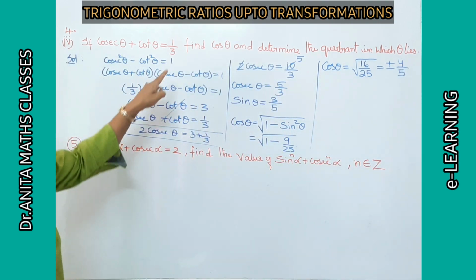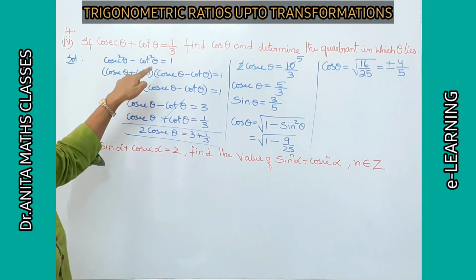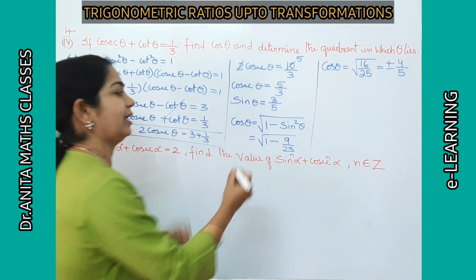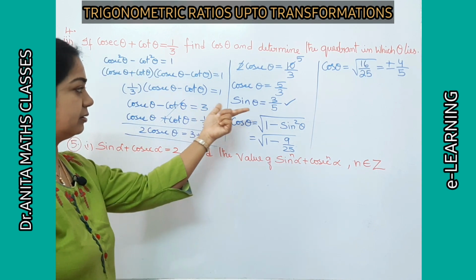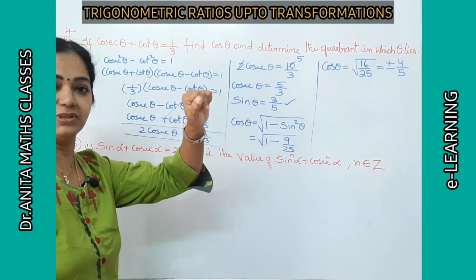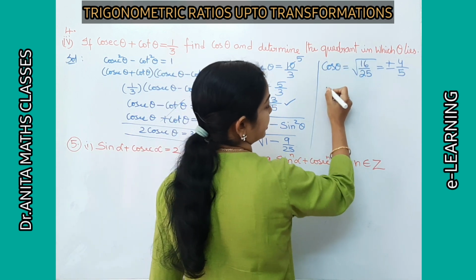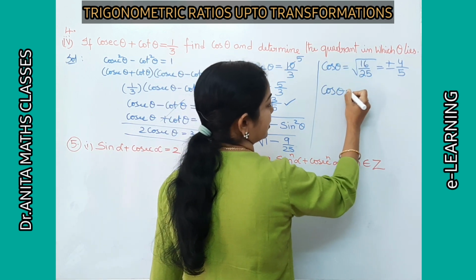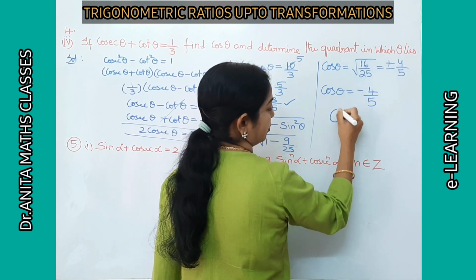Now here, find cos theta and determine the quadrant in which theta lies. Here we got the sine theta value positive. Sine is positive in the second quadrant, and there cos is negative. So let us take cos equal to minus 4 by 5.